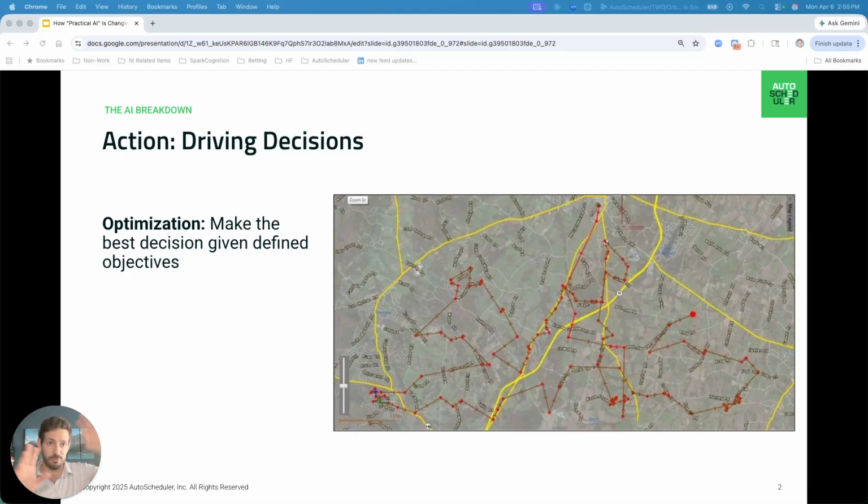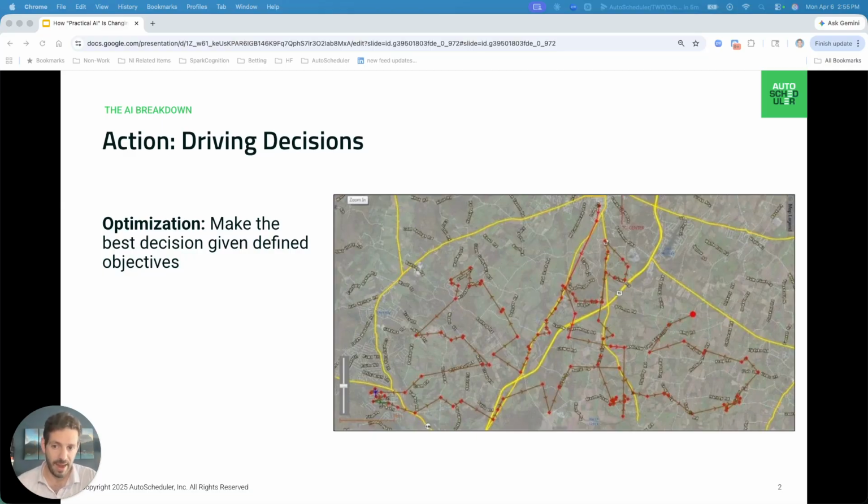It has already mapped through the known universe and said, this is the best way for me to get where I want to go in the most efficient way, because it's optimizing not just for time, or not just for getting there, but also time and distance. So that is optimization.